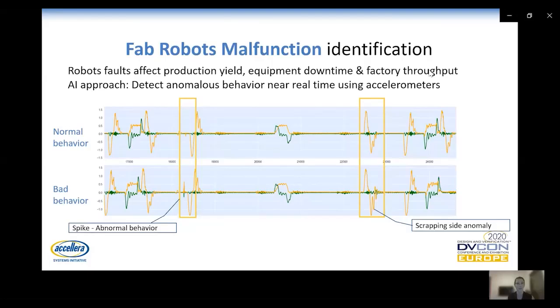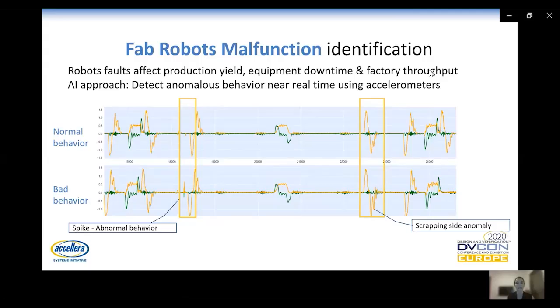You can see here in the two graphs that are presented, the upper graph is representing the normal behavior, while the lower one is a bad behavior. You can see that in two places there are some spikes, but in one case it's abnormal behavior, whereas in the other case it could be perfectly normal to have that spike.